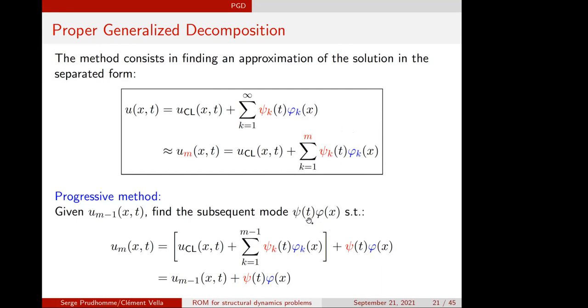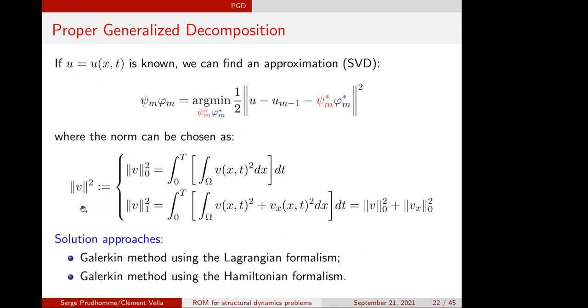I don't introduce the m to simplify the notation. We could actually look for all the modes at once. That's not efficient, so we use a progressive method.